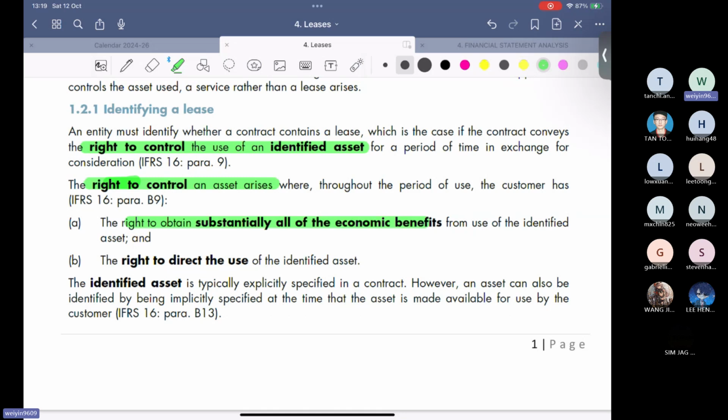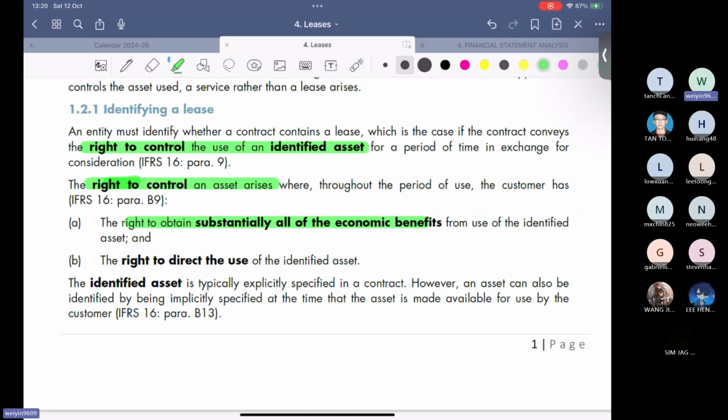That one is fixed. The first option depends on the day you come to the office, whichever car is there, then you can use. So option 2 is an identified asset. Option 1 is not an identified asset, so it cannot meet the first condition, so this is not a lease.